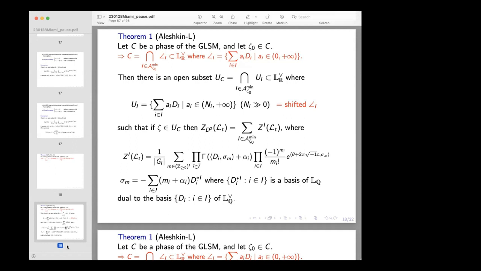Then the idea is that this integral has, when the stability condition zeta is in this open subset associated to this cone, a power series expansion, and this is explicit.